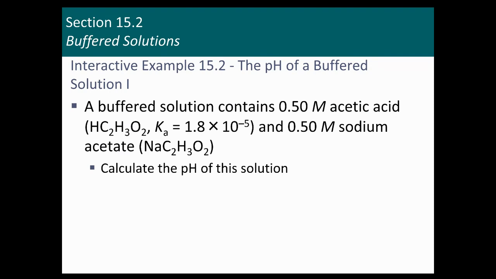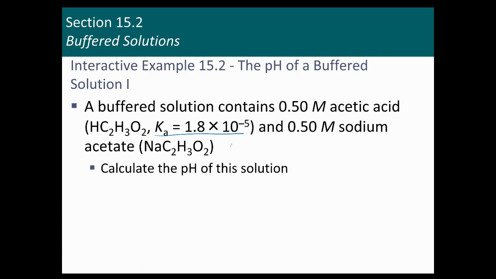Okay, so this is from your textbook, Interactive Example 15.2. So hopefully you have your book in front of you. If not, it's okay, it's here. So a buffer solution contains 0.5 molar acetic acid, and here's the Ka, and 0.5 molar sodium acetate.